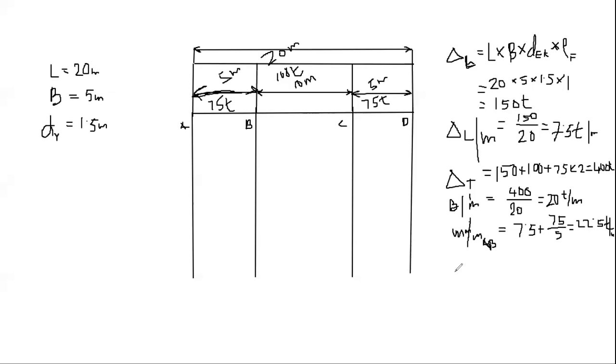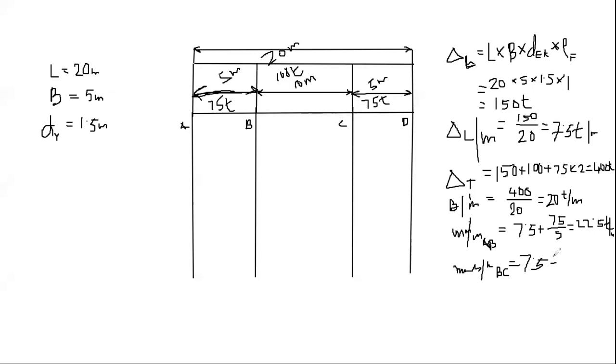And from B to C, similarly, we can find out the mass per meter. The light ship will remain the same. How much have we added? 100.